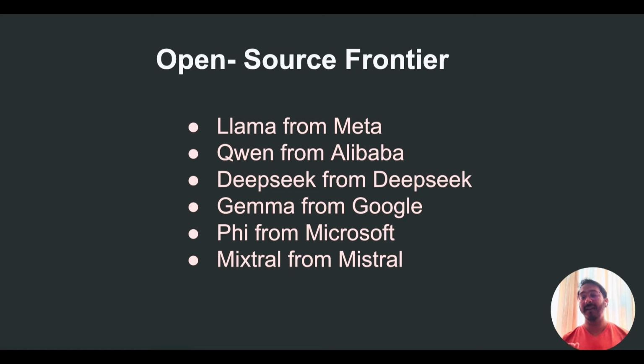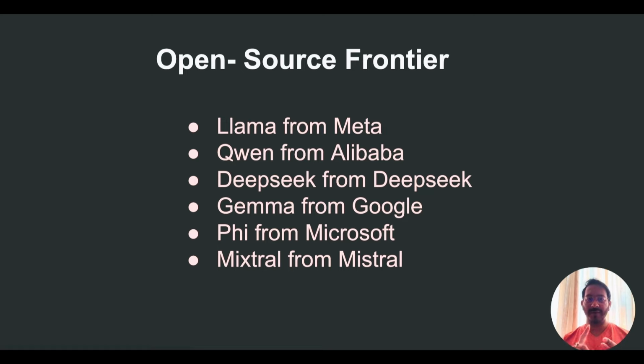So Phi is one of the strongest contenders of the SLM models. And then comes Mistral by Mistral. This is also one of the very good models. It is like the name is a mixture of the best models, so we can name. So these are open source models.